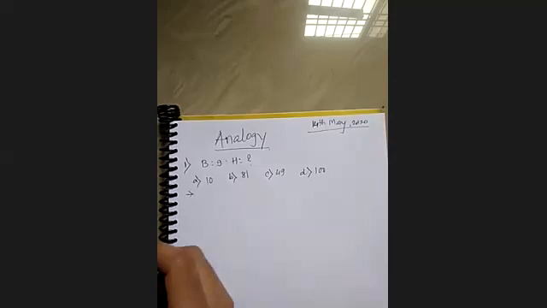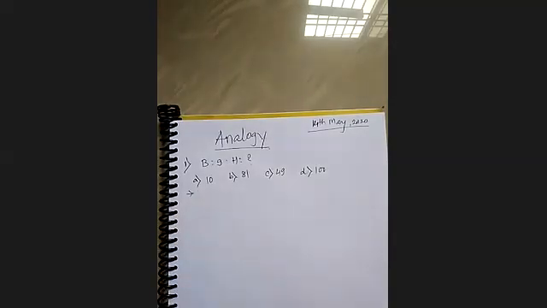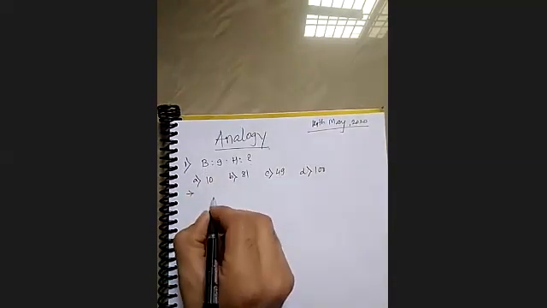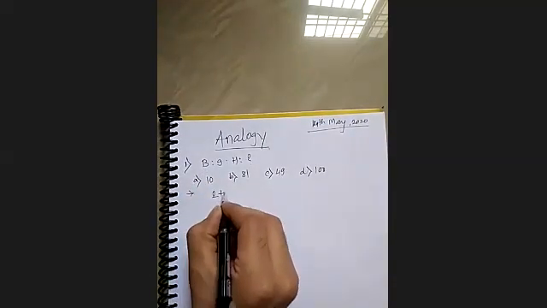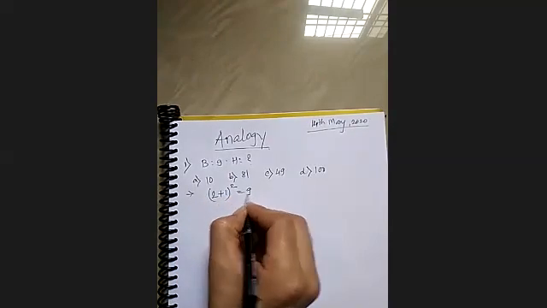So till now everyone has selected option B, that is 81. So the answer is right, that is 81. So what is the logic in this case? If you find the number of B, that is 2 plus 1, and its square gives you 9.